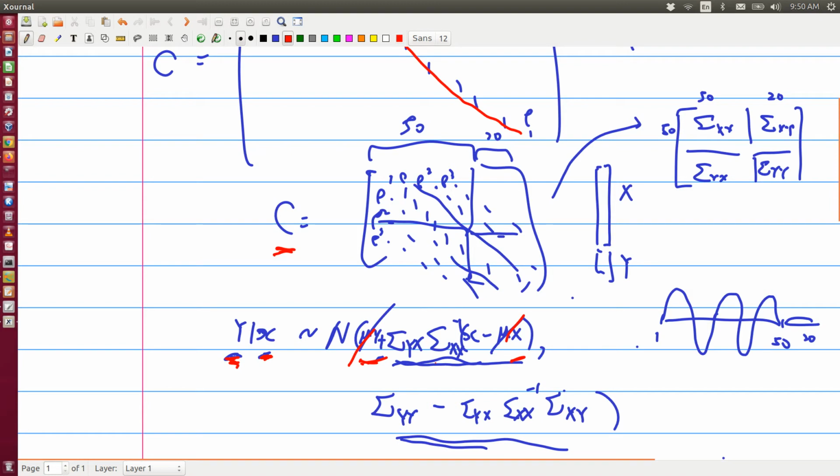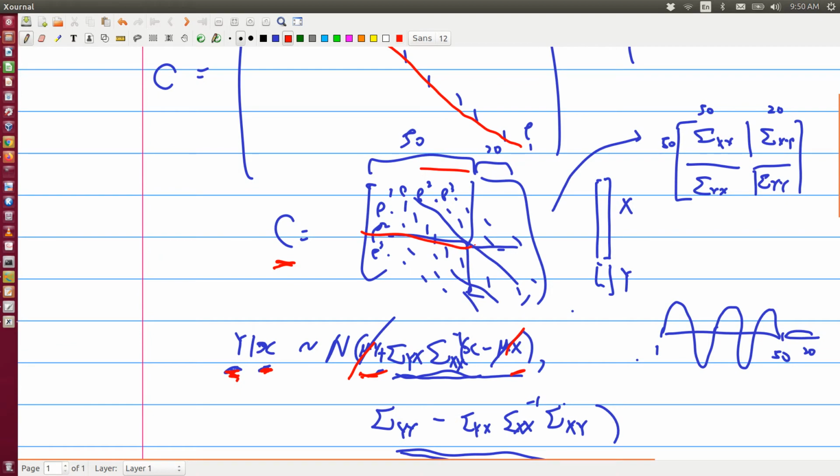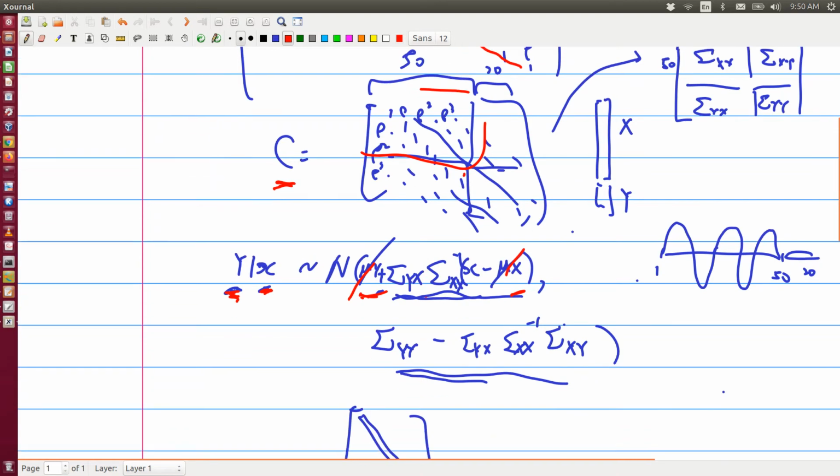Then sigma xx is basically this part of the coherence matrix, and sigma yx is this part here. And then that is a Gaussian with a mean like this, and the updated covariance will be sigma yy minus sigma yx multiplied by sigma xx inverse times sigma xy.